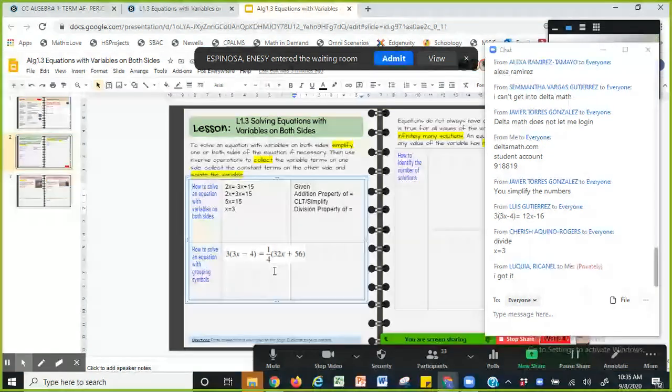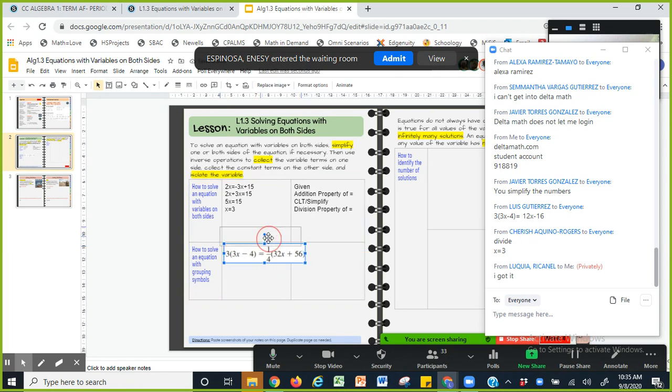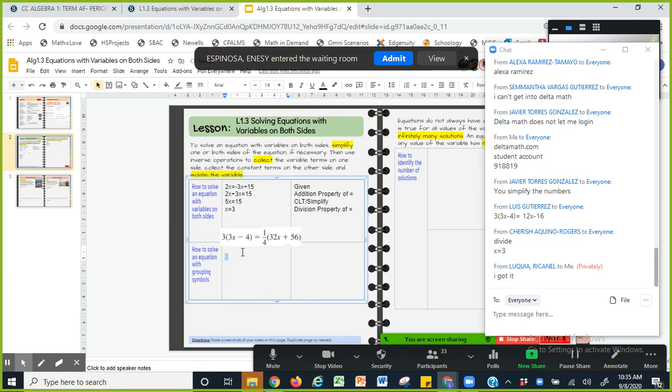Oh, I mean 9 times x minus. Let me just type right here. So 3 times 3x equals 9x.